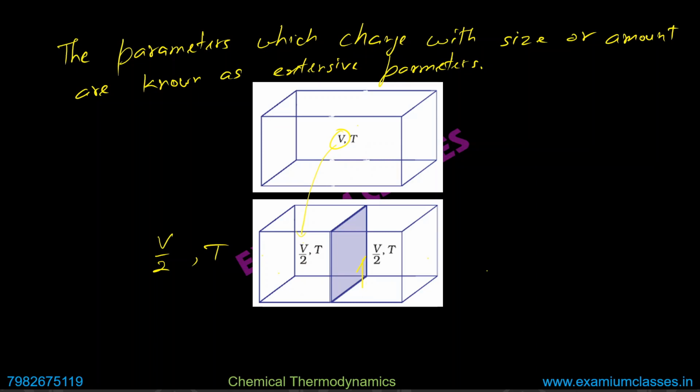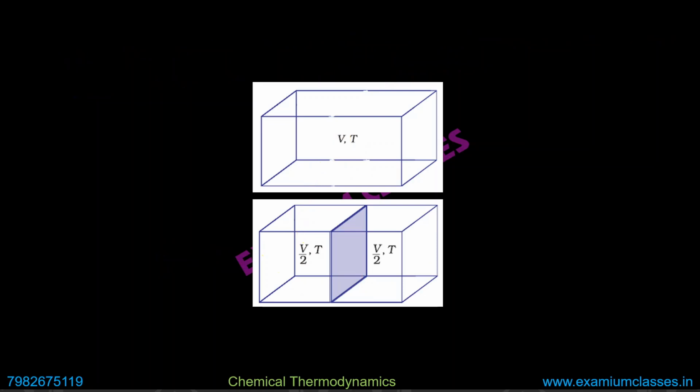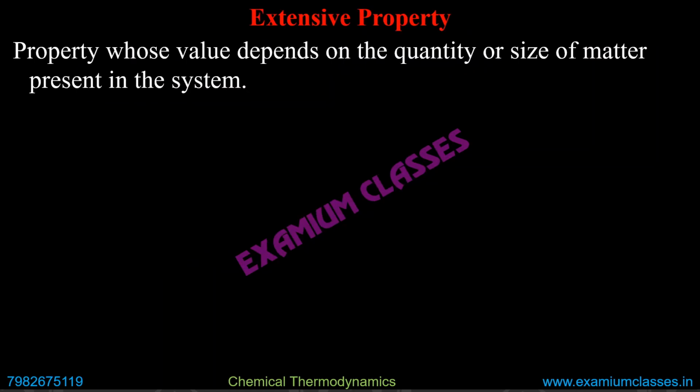So extensive property is shown by extensive parameter. The one which remains same, intensive. Extensive property is a property whose value depends on quantity or size, that is amount or size of matter present in the system.